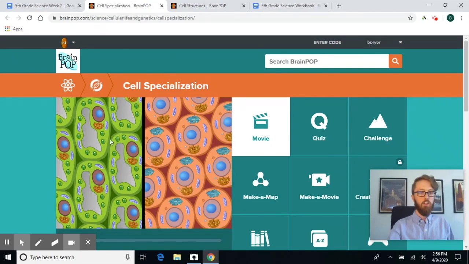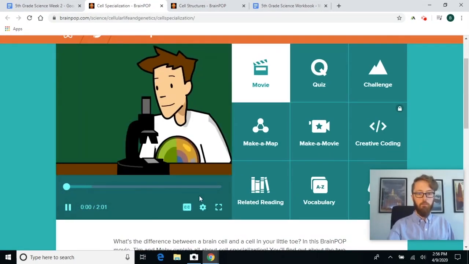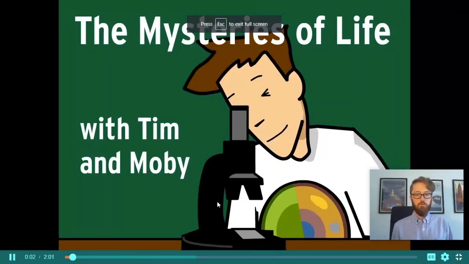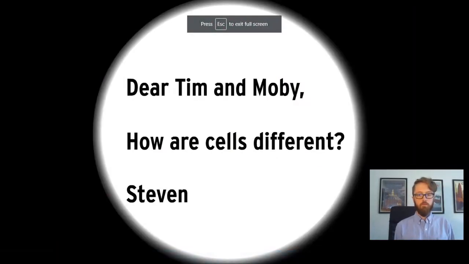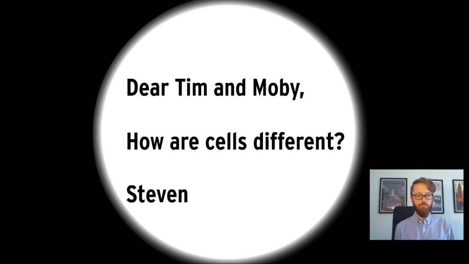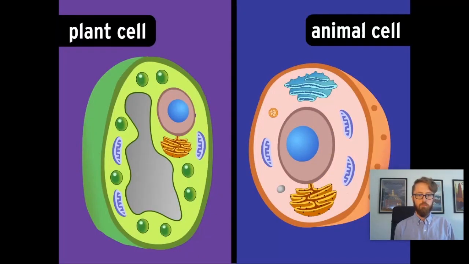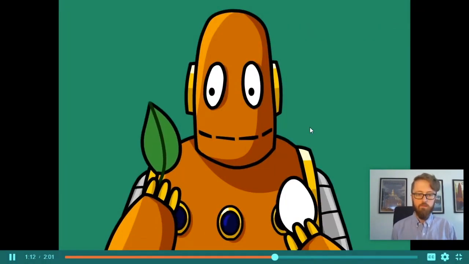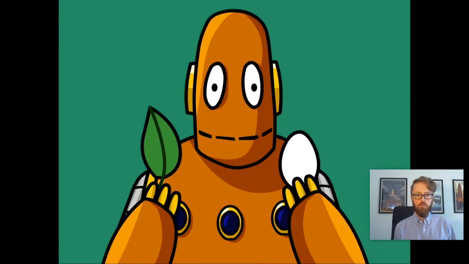I wonder if these are plant and animal cells. Let's find out. Dear Tim and Moby, how are cells different? From Stephen. Plant and animal cells are both eukaryotic. Plant and animal cells are pretty similar inside, but there are two major differences.